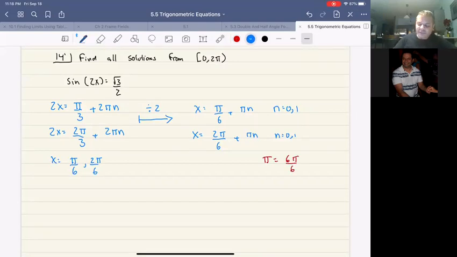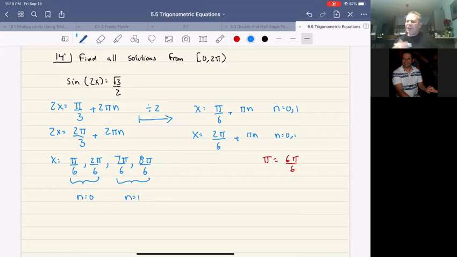It makes it easier for me to do. I'm going to take this one and add pi, so I just add 6 to the numerator. So 7 pi over 6. I'm going to take this one and add pi, add 6 to the numerator: 8 pi over 6. So these go with n equals 0, and these go with n equals 1.